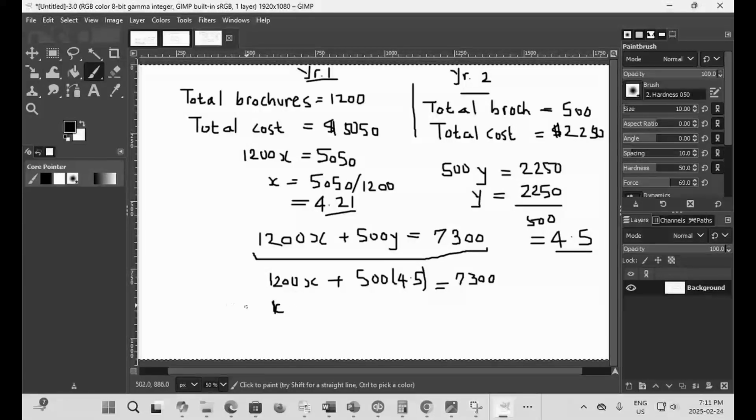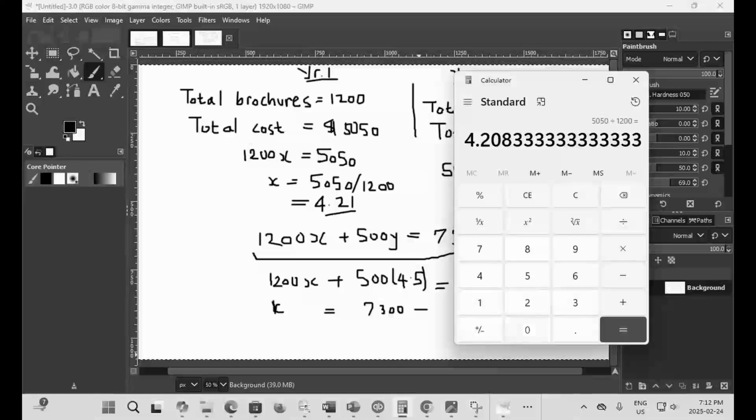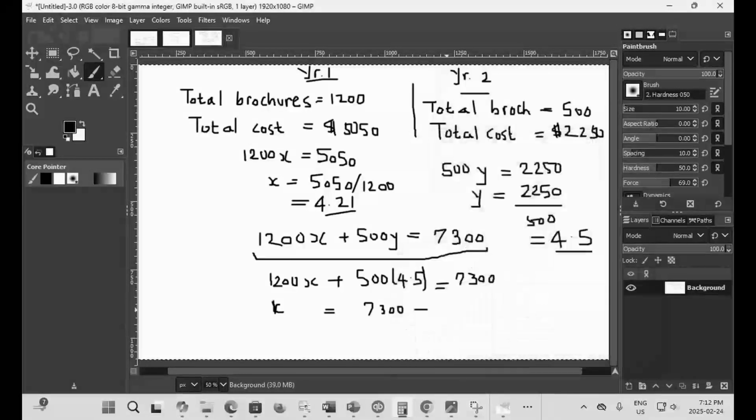So x equals 7,300 minus 500 times 4.5, which is 2,250, all divided by 1,200.